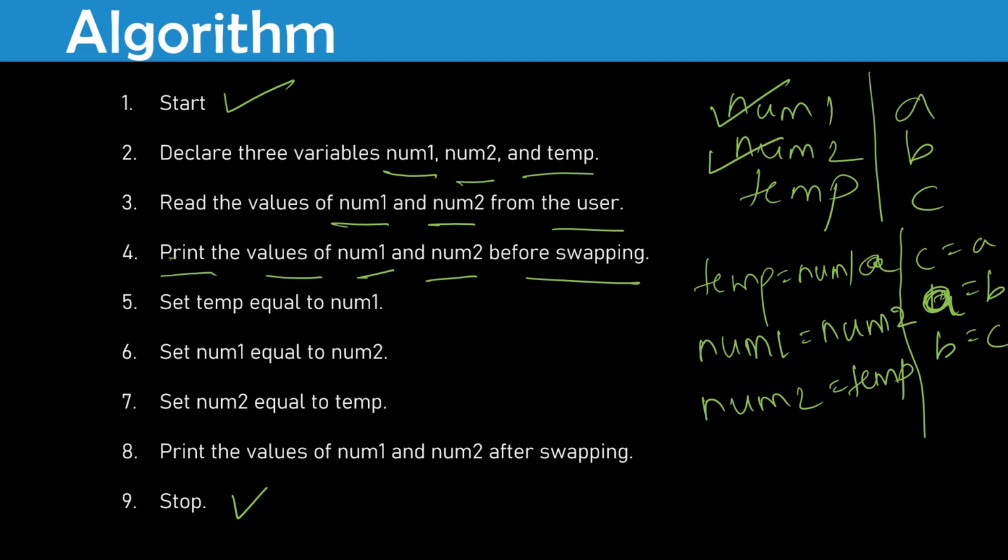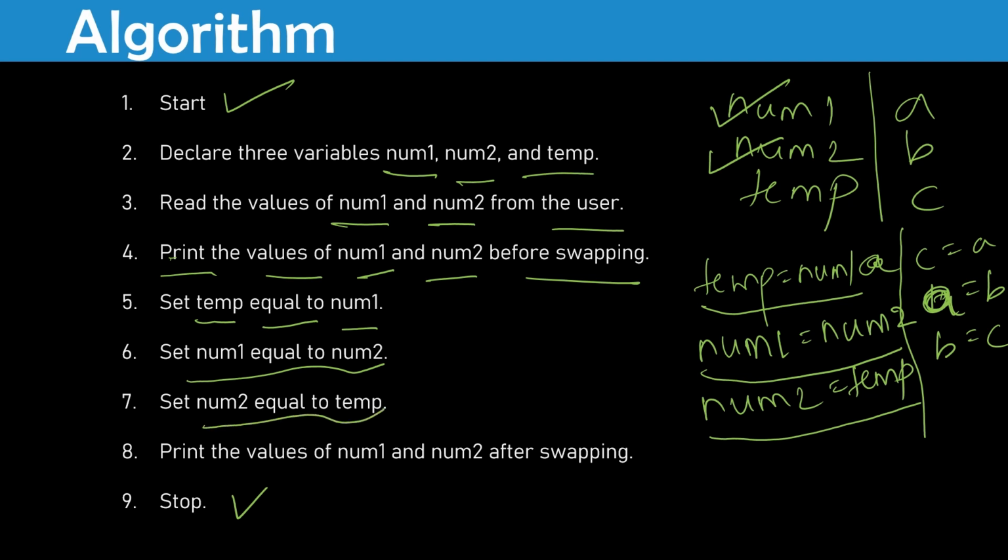Now see, first temp equal to num1, next num1 equal to num2, next num2 equal to temp. Then print the values of num1 and num2 after swapping. That's it, right? I think you people got it. I will tell you one example in the program.